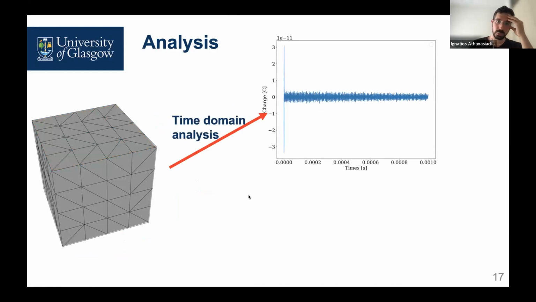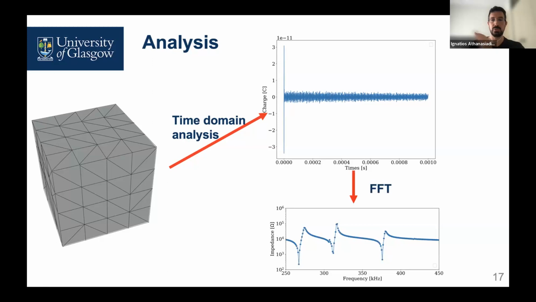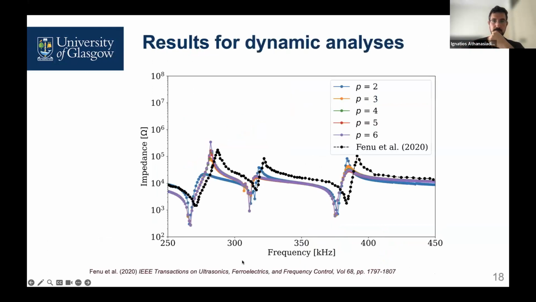And from that, we took, as I said earlier, the time history of the charge changes on the top of the specimen, and we performed FFT, fast Fourier transform, of both charge rate and potential, and we evaluated the impedance for this.